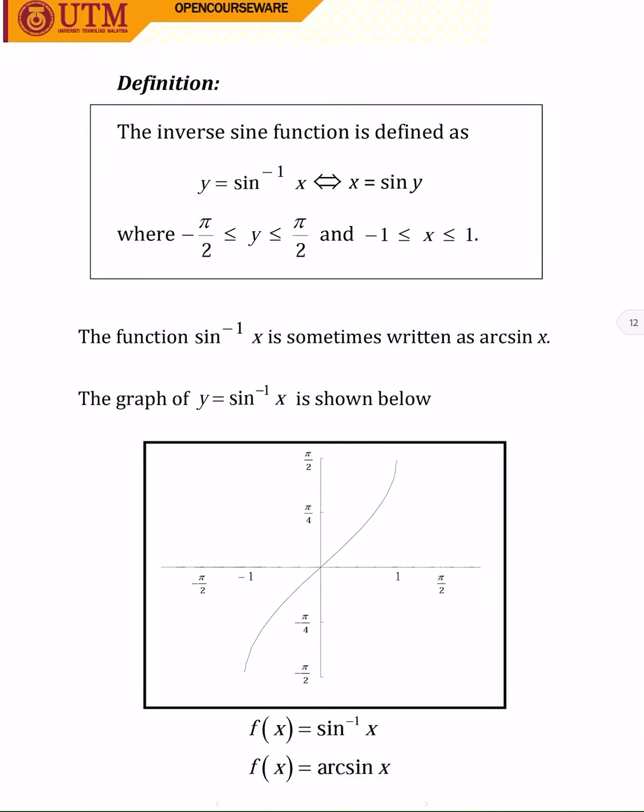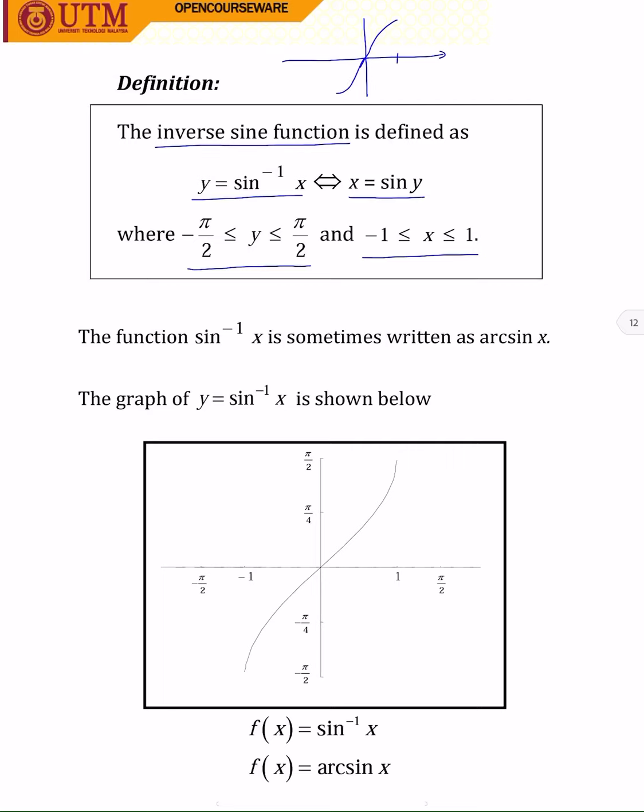The inverse sine function is defined as y equal to sine inverse x if x is equal to sine y, for y from minus pi over 2 to pi over 2 and x is from minus 1 to 1. So meaning that we can have the inverse function if the sine x is only like this only.